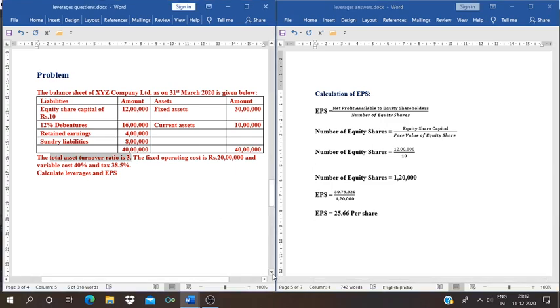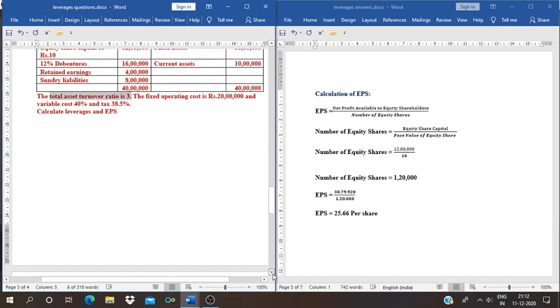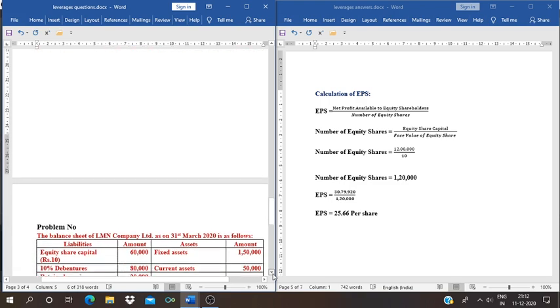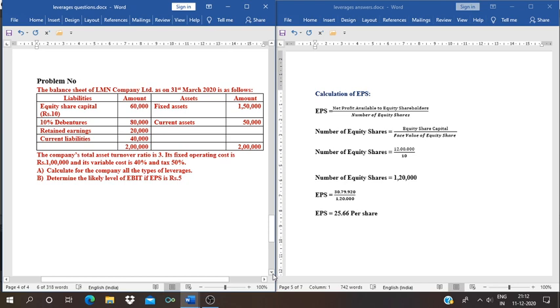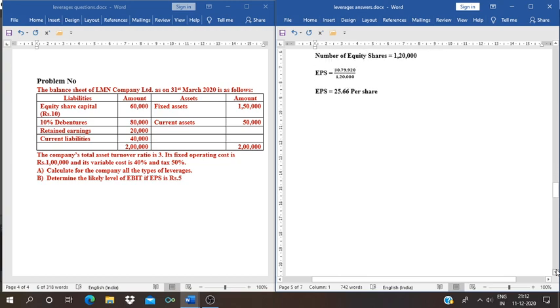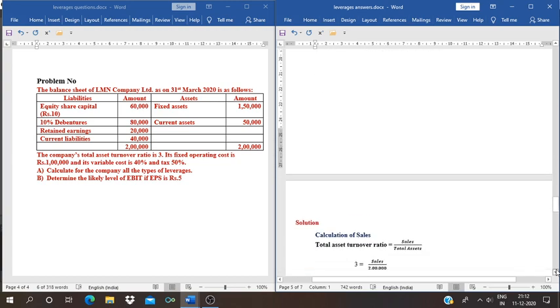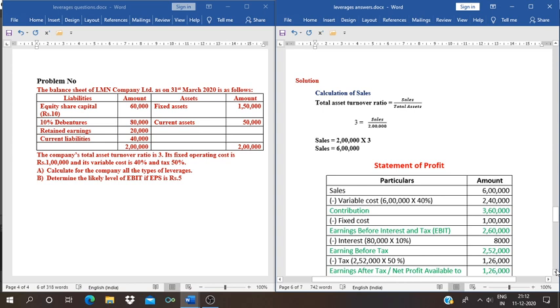Next, we are going to solve one more problem. Okay, this is the problem. It is similar to the previous problem, but one more adjustment is there.